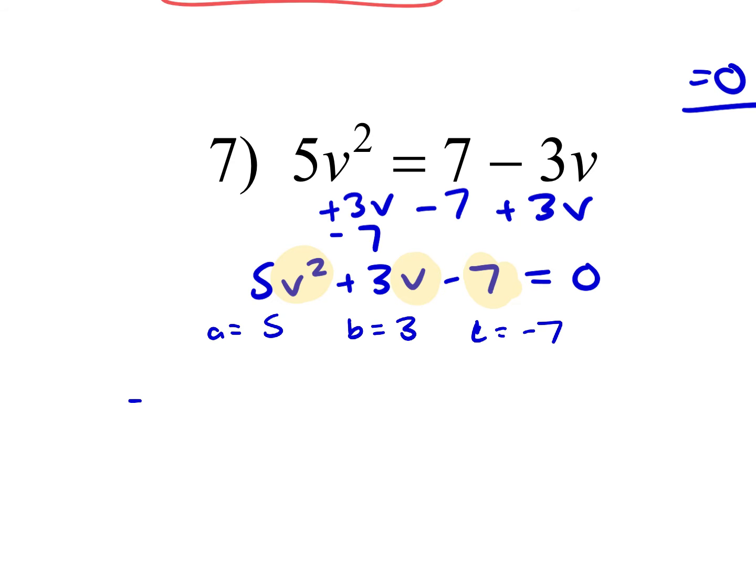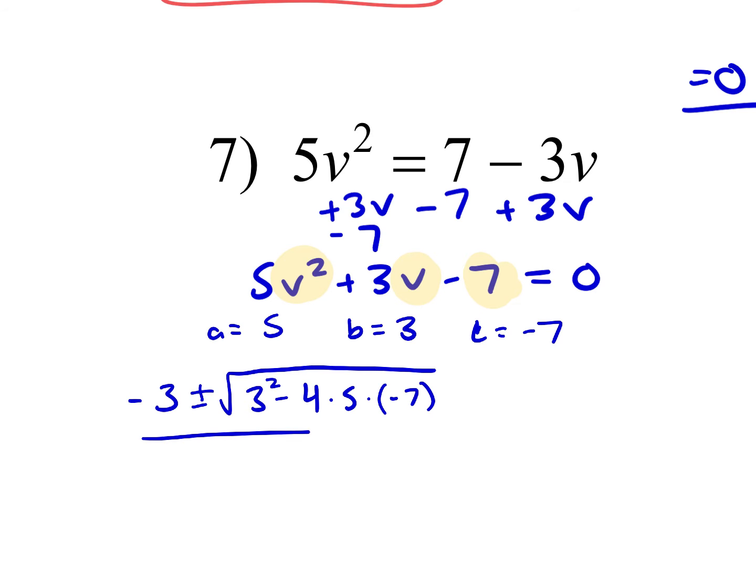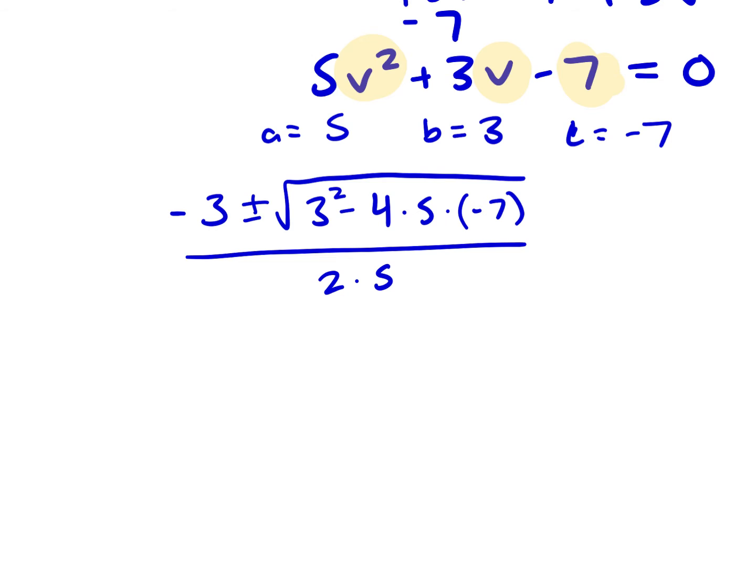We have negative B plus or minus the square root of B squared minus 4AC over 2A. So negative 3 plus or minus, what is 3 squared? 9.